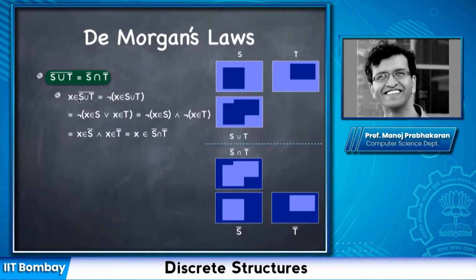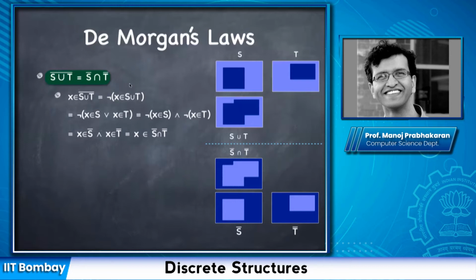So x belongs to the complement of S union T is exactly the same as the negation of x belongs to S union T. Okay, and this was by using the definition of complement in terms of the membership predicate.